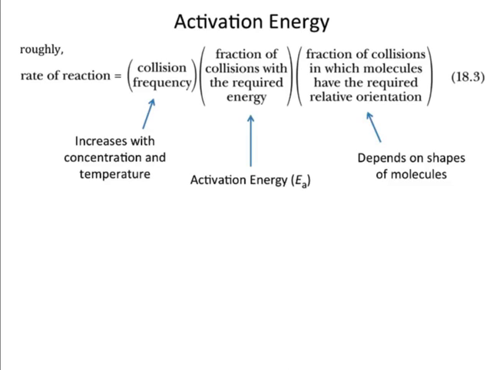Then the thing in the middle, the fraction of collisions that have the required energy, is known as the activation energy. The energy required when two molecules collide in order to proceed through the reaction. The last bit depends on the shapes of molecules. If you're reacting on the left side of the molecule and your other reactant hits the right side of the molecule, nothing's going to happen.